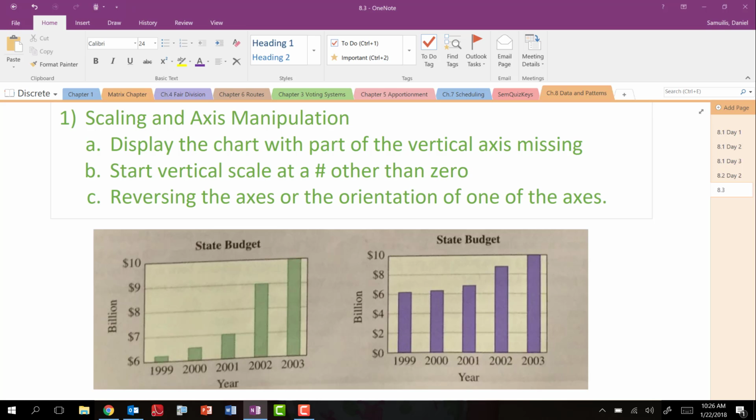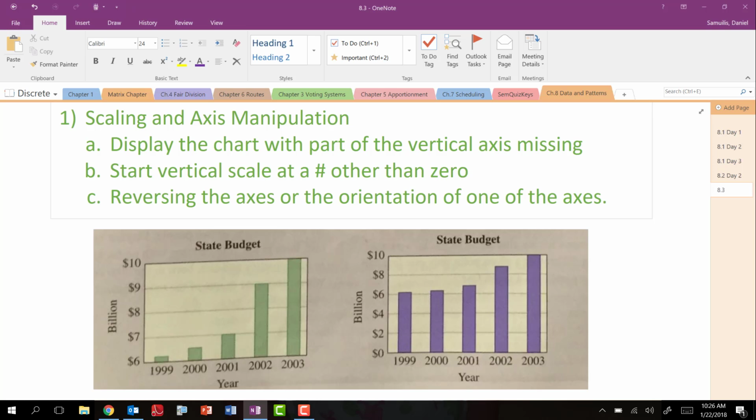These are the same two graphs, but a manipulation of scale, where you start at 6 billion to 10 billion on the left side, as opposed to 0 to 10 billion on the right side. Those two images project something different. The one on the left projects a major increase over the years, as opposed to a gradual increase on the right. I think that's a good point being made there.